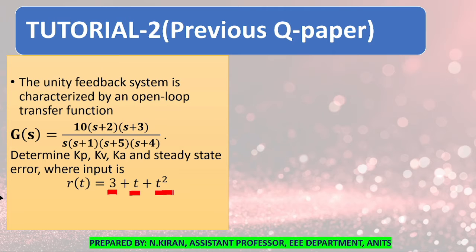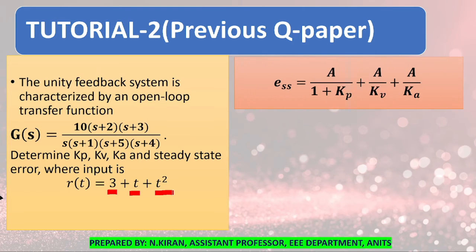So we know that if it is step input, we utilize the error coefficient Kp. If the input is ramp, we utilize the error coefficient Kv. And if the input is parabola, we utilize the error coefficient Ka.